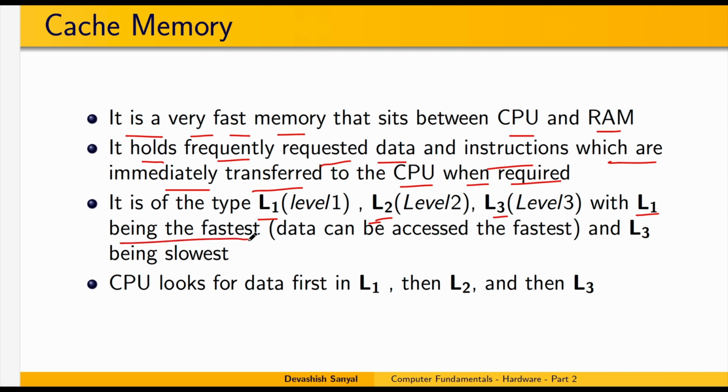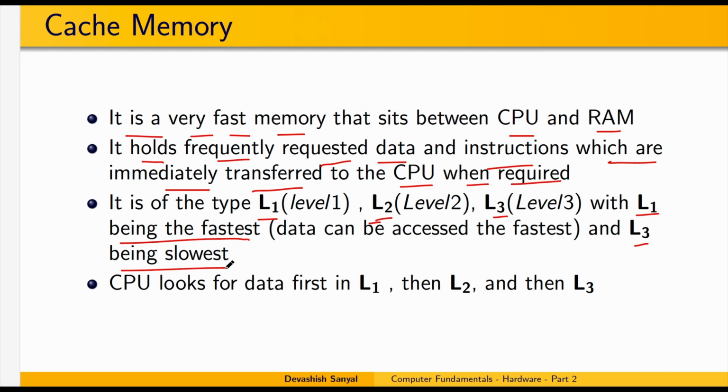That is, you can access data from L1 really fast, and L3 is the slowest. So to access data from L3, it takes more time for the CPU.